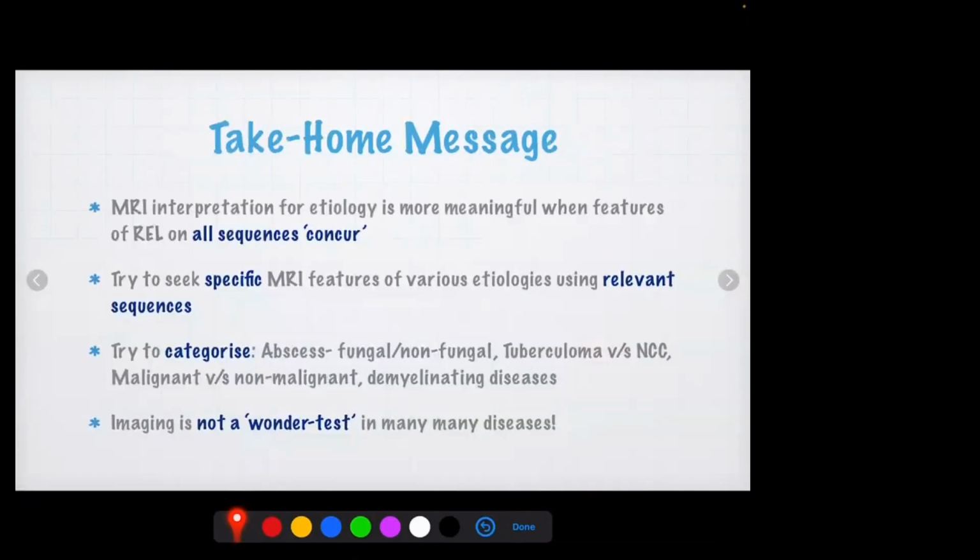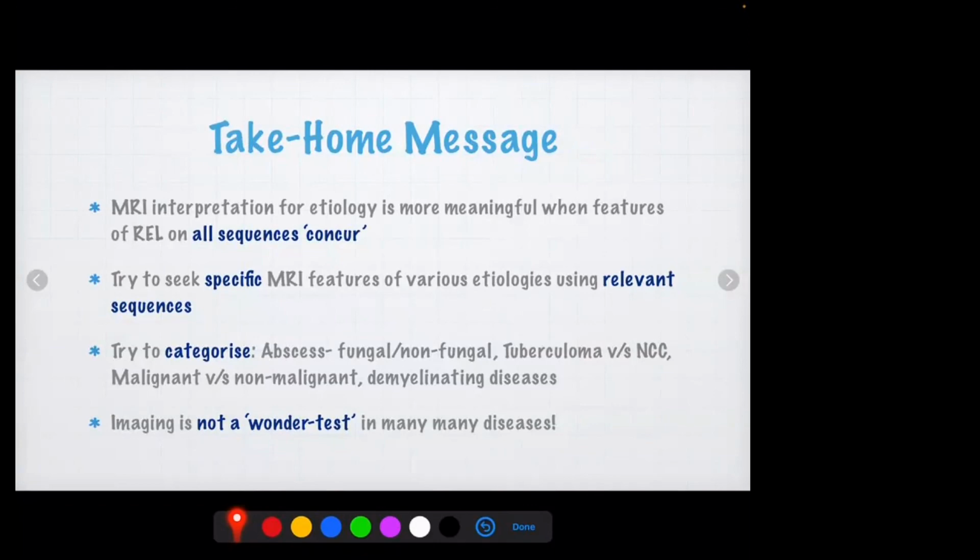So I would end it with a few messages. If we have a textbook-like picture, if all sequences of the MRI go towards a single etiological diagnosis, then it makes more sense to commit to the radiological diagnosis. Otherwise, if everything shows in a chaotic way, non-concurrent findings, we cannot be sure, and radiology has its limitation as well.